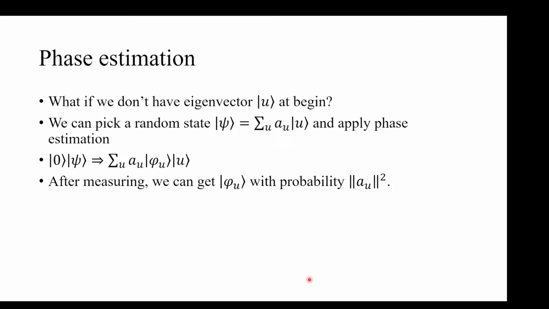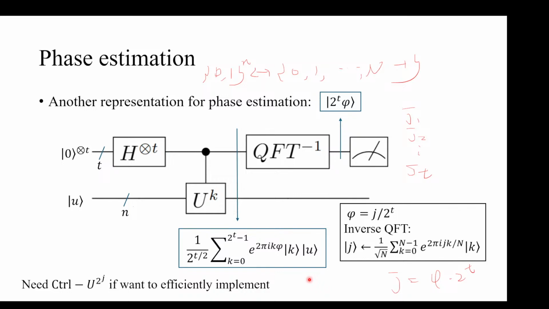So first thing is that one of the requirements we can get rid of in phase estimation is the eigenvector u, which we keep saying we need.